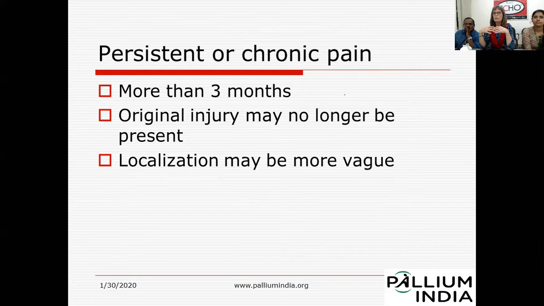I think it is helpful to think of a distinction. Again, I don't think this will be a surprise to all of you, but acute pain is really quite a different phenomenon than chronic or persistent pain. Chronic or persistent pain, we just define it arbitrarily as greater than 3 months, and the original injury may not even be there anymore, and they'll have difficulty localizing the discomfort.